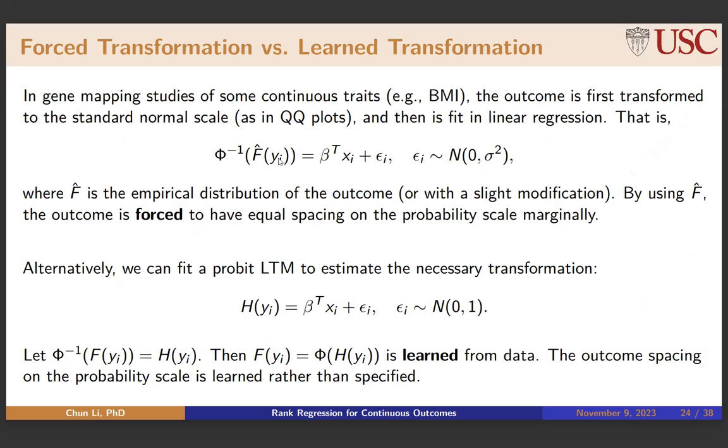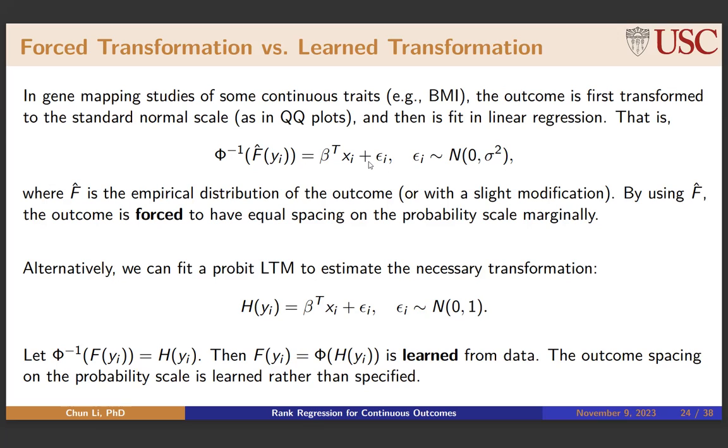You have outcome that's skewed, BMI, let's say, and the transformation basically is say, okay, if you have 1,000 data points, this is going to be given a value that's the 1 out of 1,000 quantile of normal distribution. And this is a 2 out of 1,000 quantile, and 3 out of 1,000 quantile. So after transformation, if you plot the data, it's perfectly normal. And they use that marginally perfectly normal outcome as an outcome and fit linear regression.